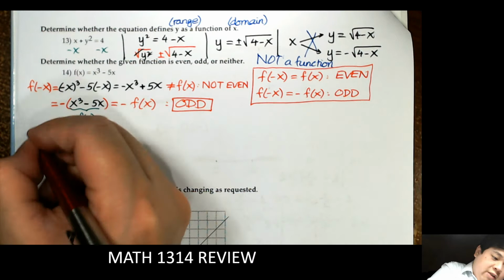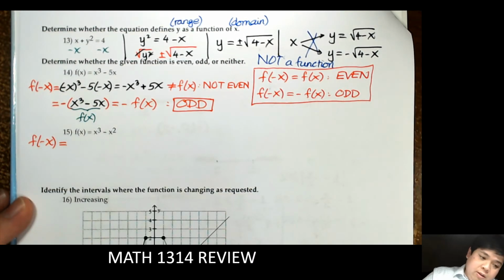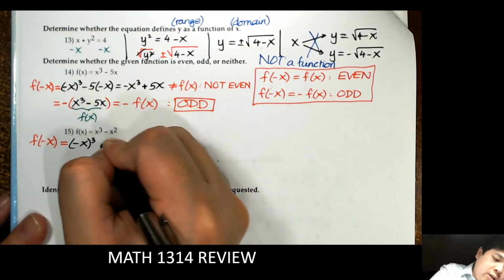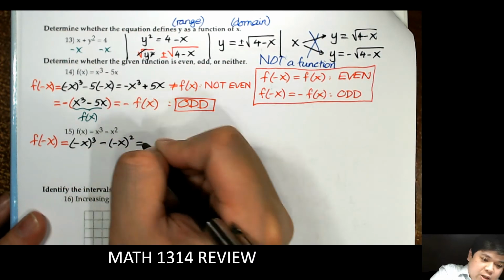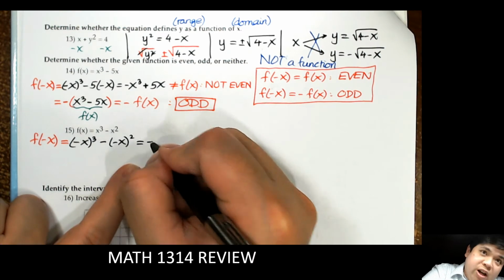We start with f of negative x again. So we have negative x cubed minus negative x squared, right? Negative 3 times, so still negative.